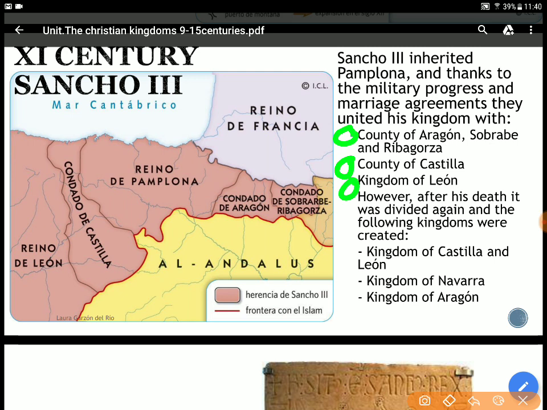So for a short period of time, all the Christian kingdoms of the north were unified under Sancho III. But, as happened with Carlomagno, this is going to last a very short time, because after his death it is split in three again: Castilla and León, Navarra, and Aragon.